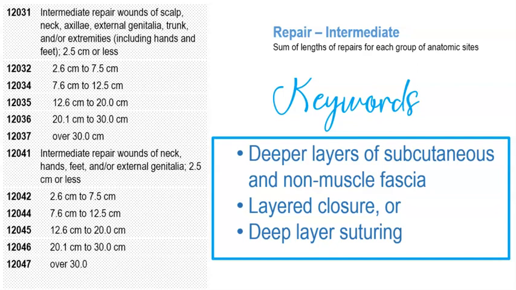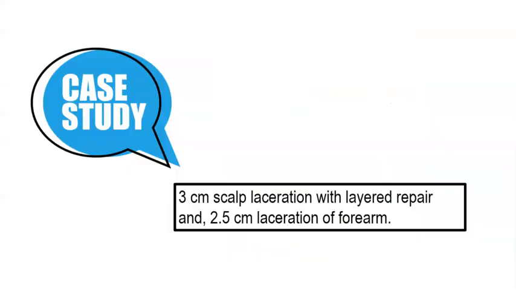The keywords for an intermediate repair are deep layers of subcutaneous and non-muscle fascia, layered closure, or deep layer suturing. Focus on the keywords before you attempt to apply the CPT code or codes.